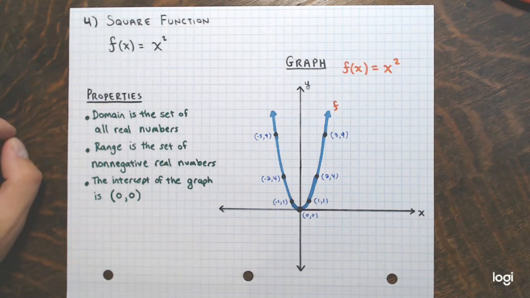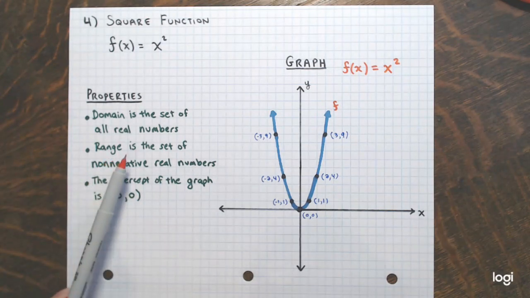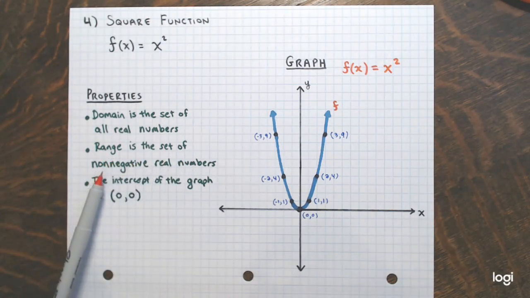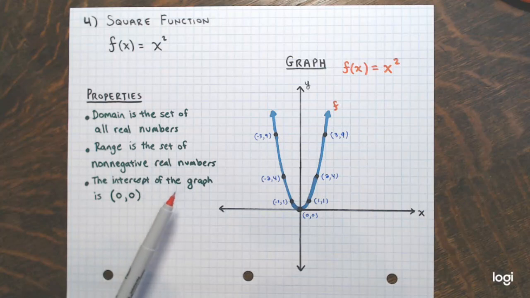Negative 1 squared is negative 1 times negative 1, and remember, a negative times a negative is a positive quantity. So negative 1 squared is positive 1, non-negative. So the range is the set of all non-negative real numbers, right? So no negative outputs. And the intercept of the graph, the point that's on any of the axes, is the origin 0, 0. And here's a graph of it.